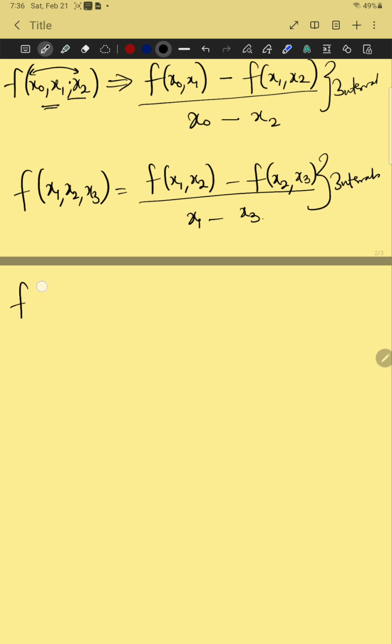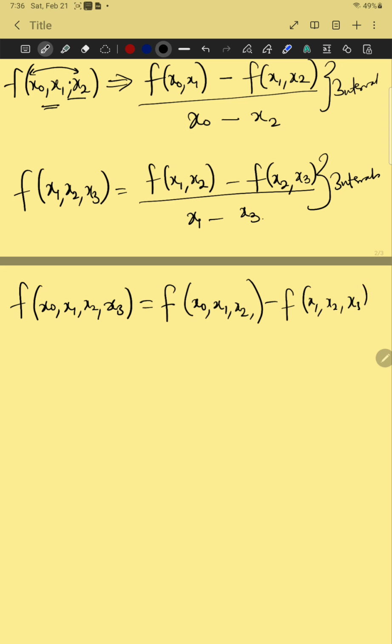What if we have x0, x1, x2, x3, for four points? We're going to have f of x0, x1, x2, the three-point one, minus f of x1, x2, x3, all divided by x0 minus x3. This is for four points.